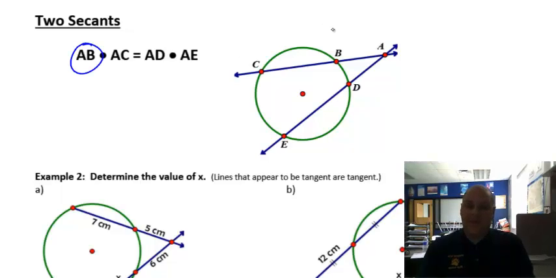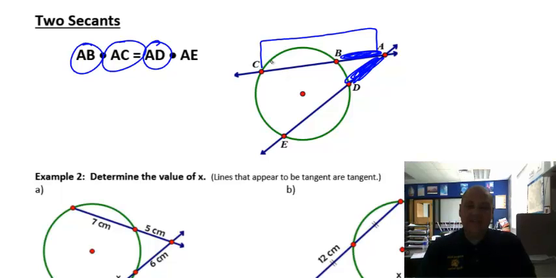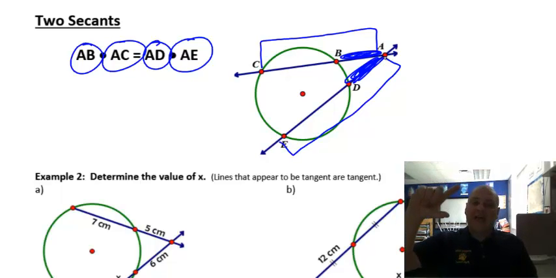So it's AB, so it's this piece, times AC. AC, that's this whole piece here. Multiply those, it equals AD times AE. AE is the whole piece. So it's the outside times the whole secant equals the outside times the whole.